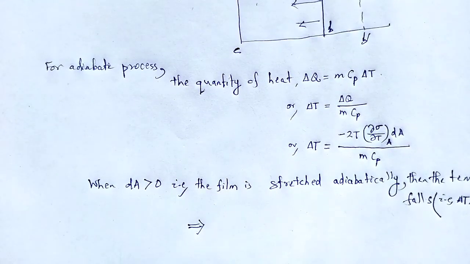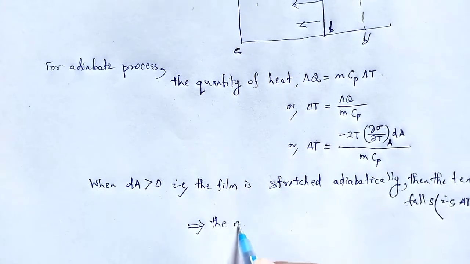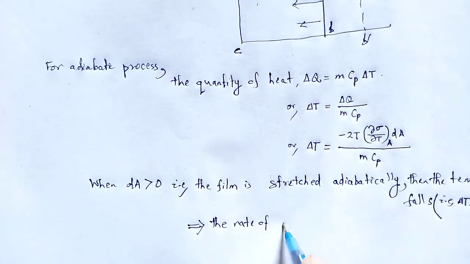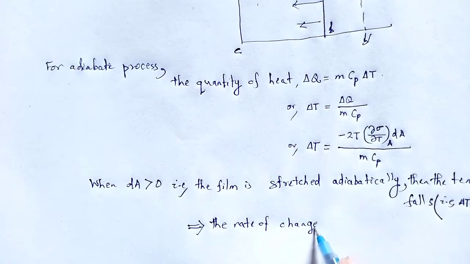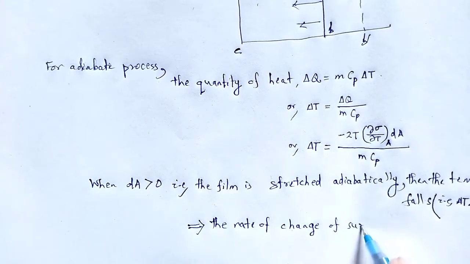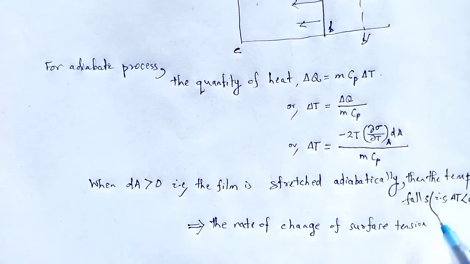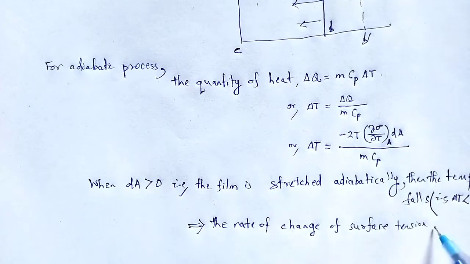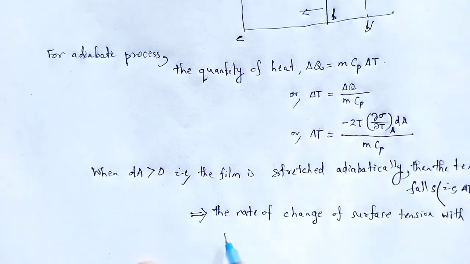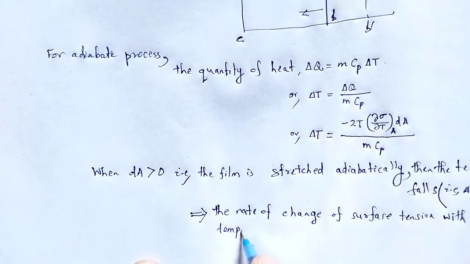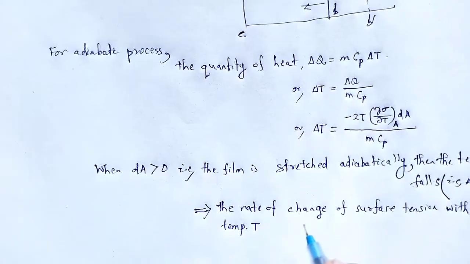the rate of change of surface tension with temperature T will be negative.